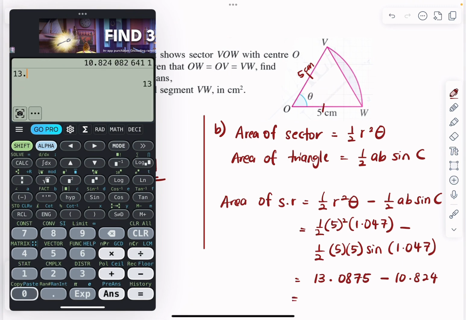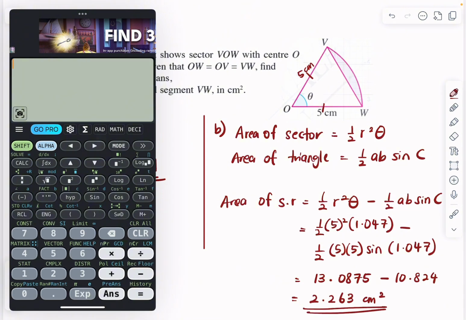So 13.0875 minus that, the answer is 2.263 cm square.